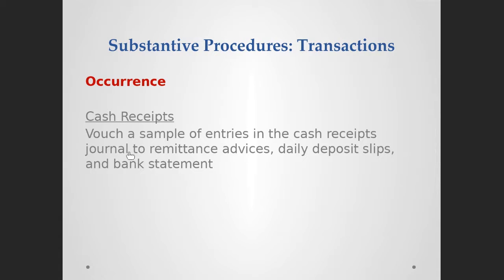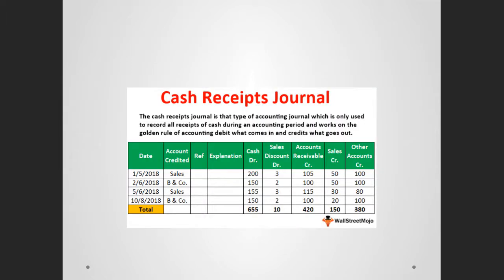Very good. Now, we are going to take a sample of entries in the cash receipts journal. This is what a cash receipts journal looks like. Every single amount received is recorded. Okay? So every single amount received from the customers or wherever the money came from, it's recorded separately, right?